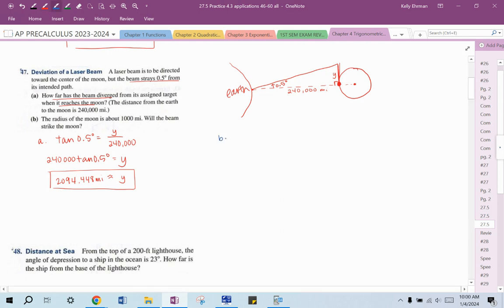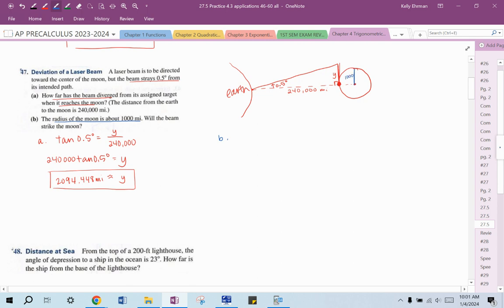Part B says the radius of the moon is about 1,000 miles. Will the beam strike the moon? It's already 2,094 miles off course, and the radius is 1,000.